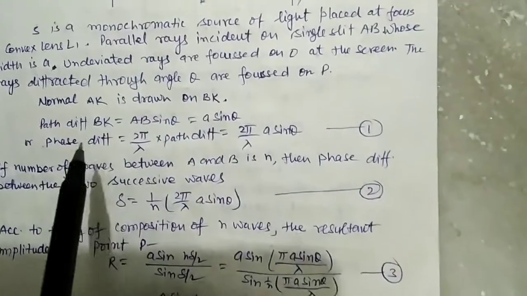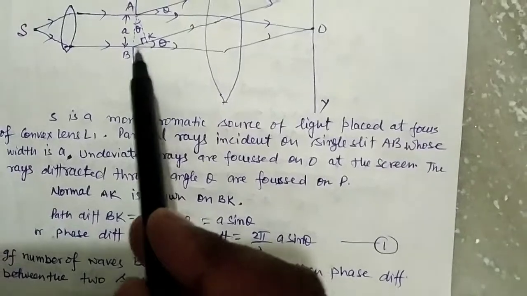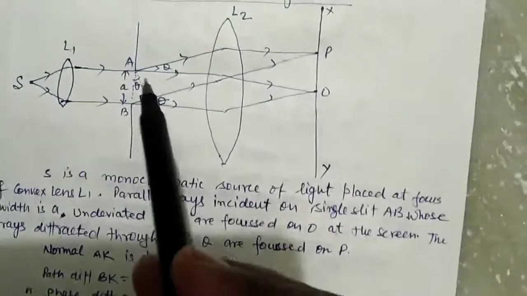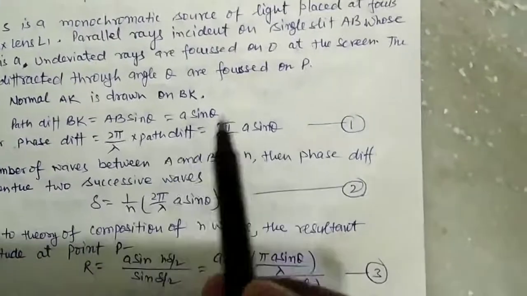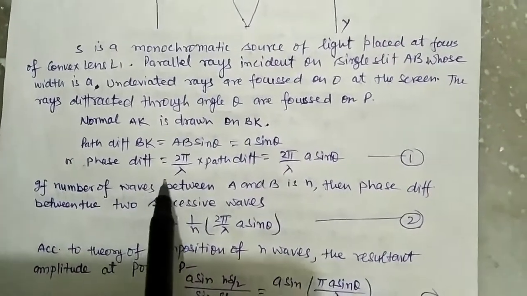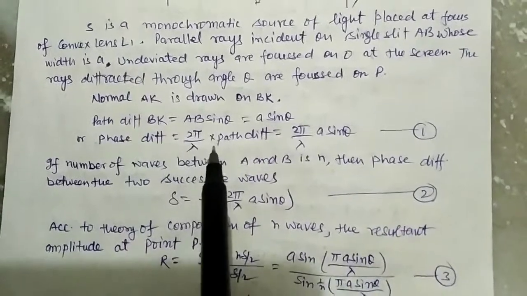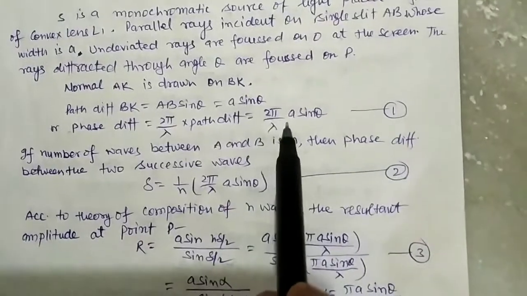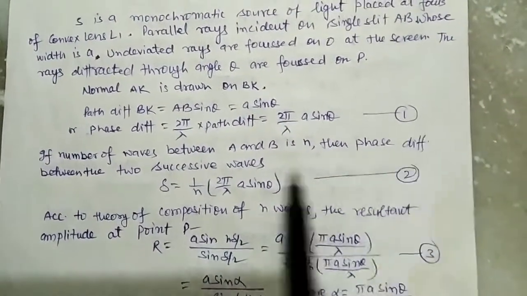The path difference BK is equal to AB sin theta from the triangle ABK, is equal to a sin theta. Phase difference by the formula is equal to 2 pi upon lambda into path difference, is equal to 2 pi upon lambda a sin theta. Equation number 1.